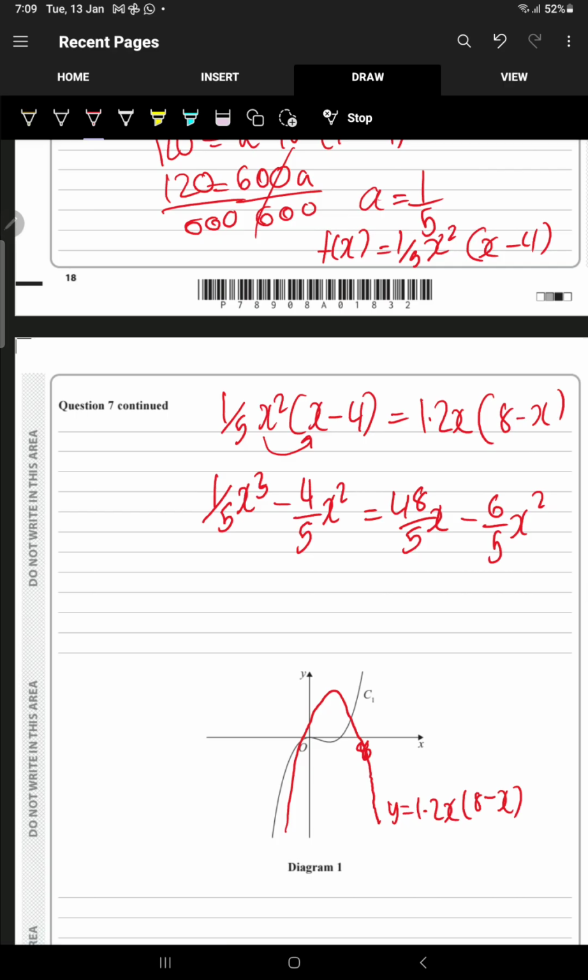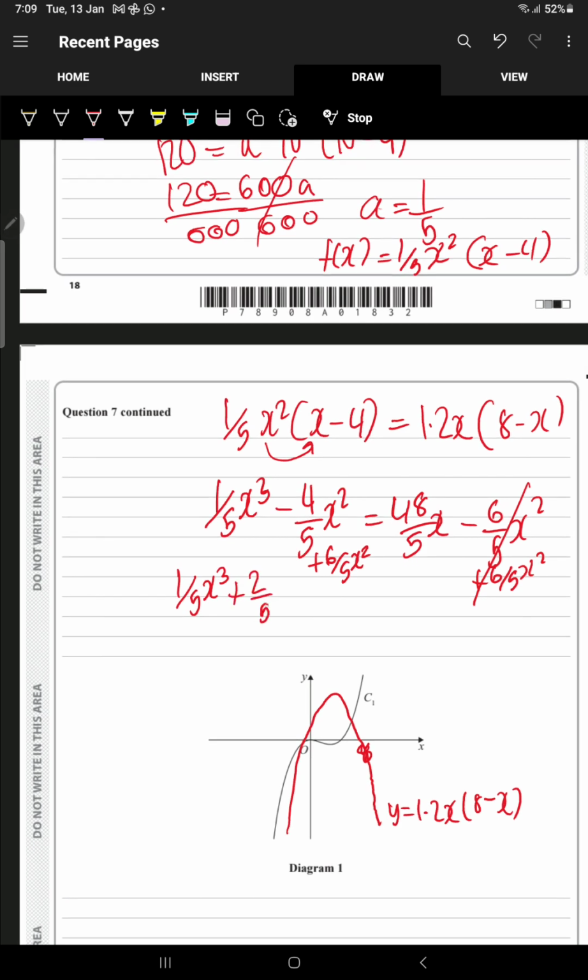What we can do is just collect the like terms on the one side. So minus 4 over 5 x squared, we can add plus 6 over 5 x squared. So this cancels out, and minus 4 over 5 plus 6 over 5 is going to be plus 2 over 5 x squared. And this is going to be minus 48 over 5 x, equal to 0.